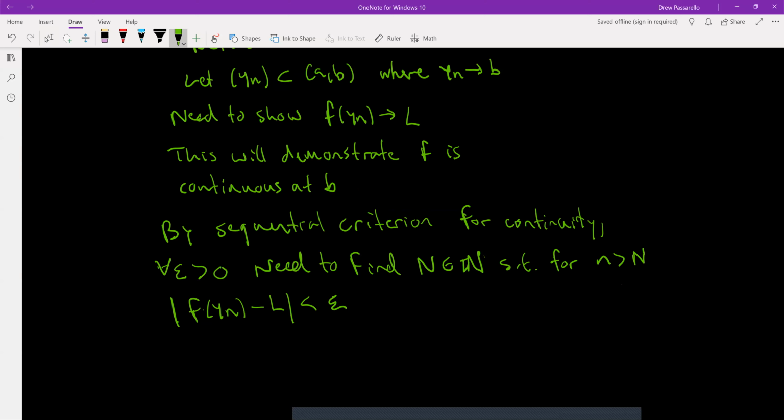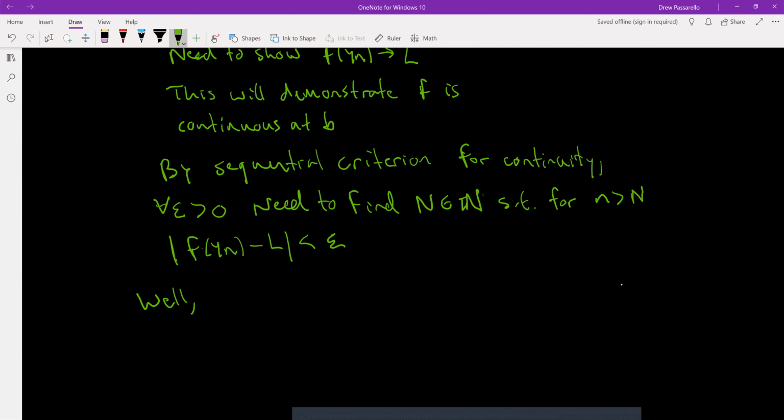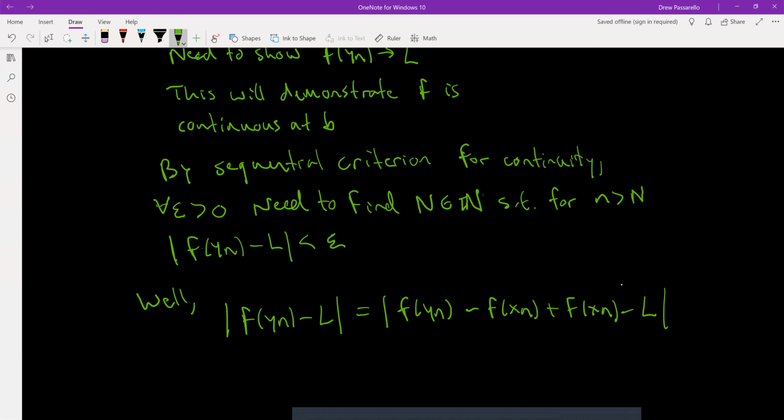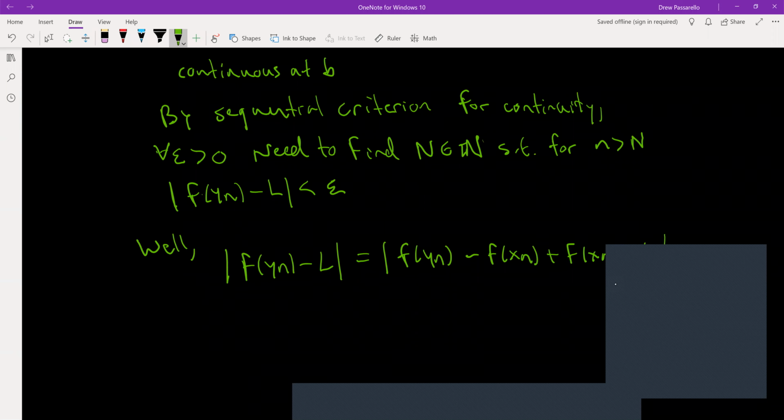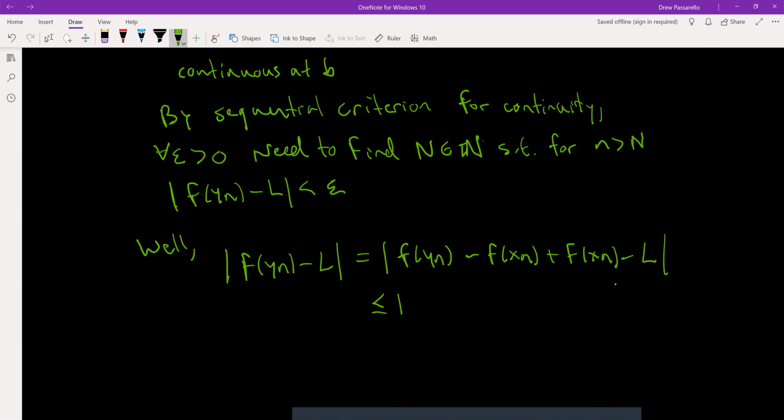Okay, so if we have this absolute value of f of yn minus L, that's equal to the absolute value of f of yn minus f of xn plus f of xn minus L. So we're just adding 0. And by the triangle inequality, this is less than or equal to the absolute value of f of yn minus f of xn plus the absolute value of f of xn minus L.